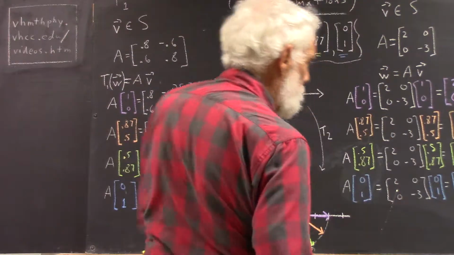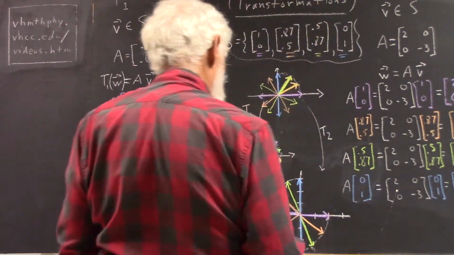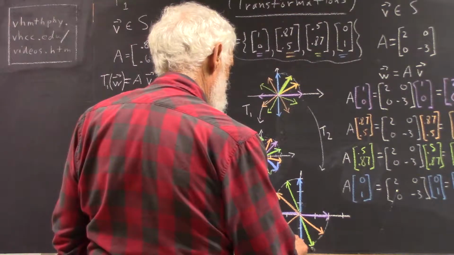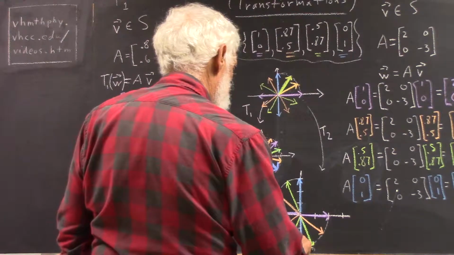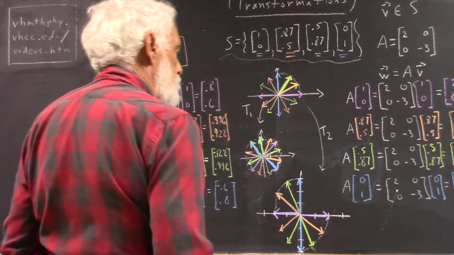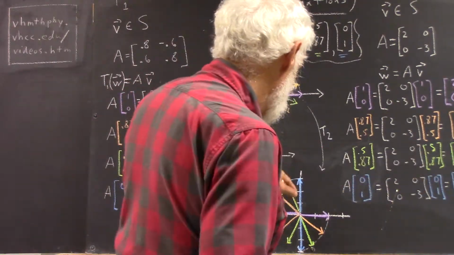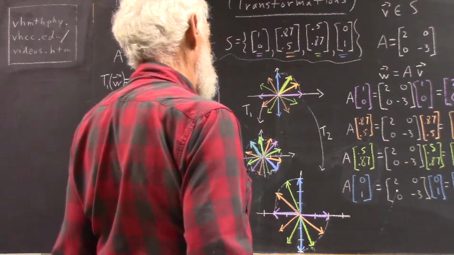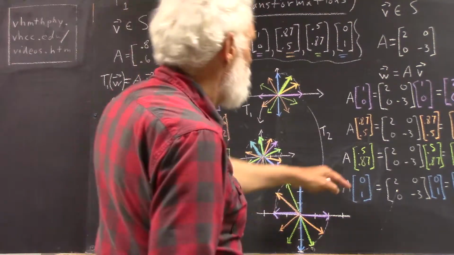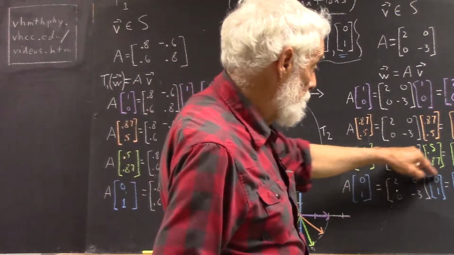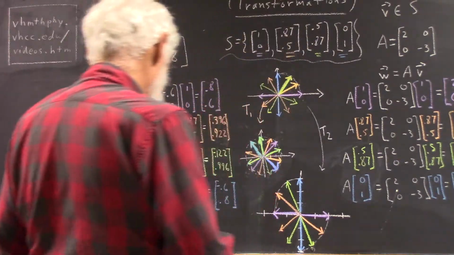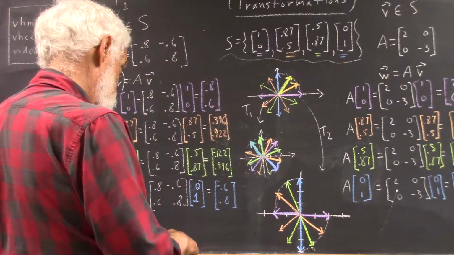-0.5, 0.87 would map to -1, -2.61, and that would be about here. And then 0, -1 would again map to, I'm sorry, change the sign of 0, that doesn't change anything. We're going to get 0, -3. Okay.